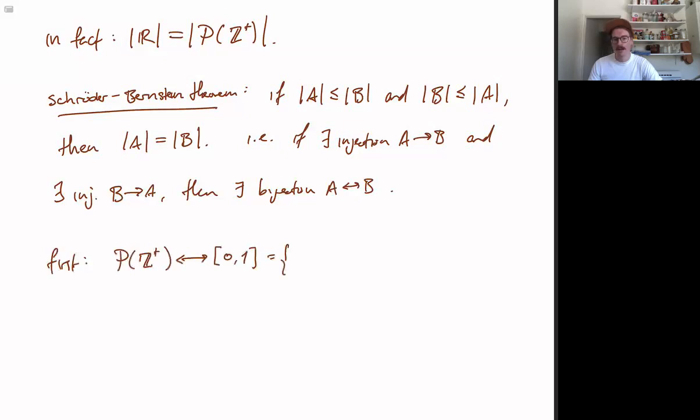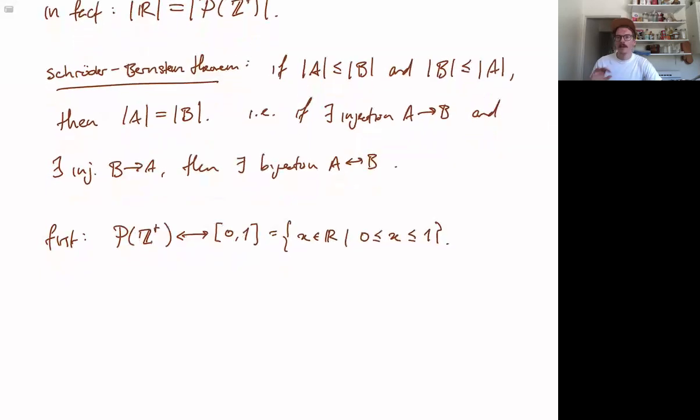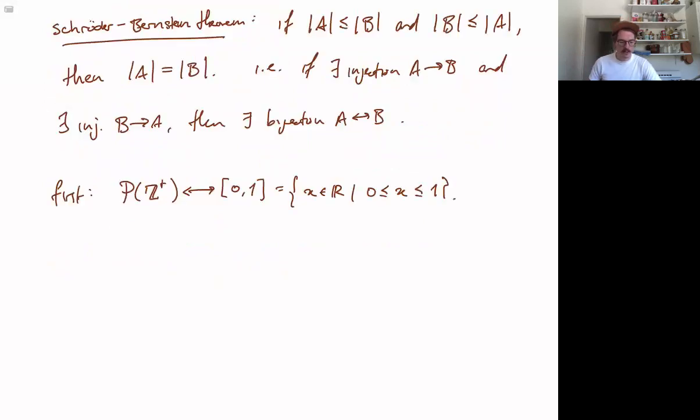I don't think I've used this bracket notation before. Probably familiar, but just to say it, this means real numbers which are greater than or equal to 0 and less than or equal to 1. So let me be very sketchy in this proof. If you're interested, you can go and work out the details later, but I'm not going to hold you to it.